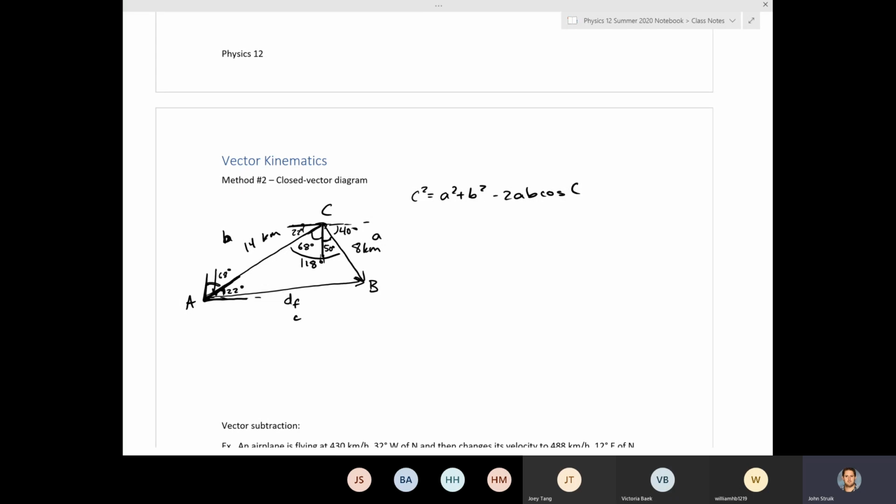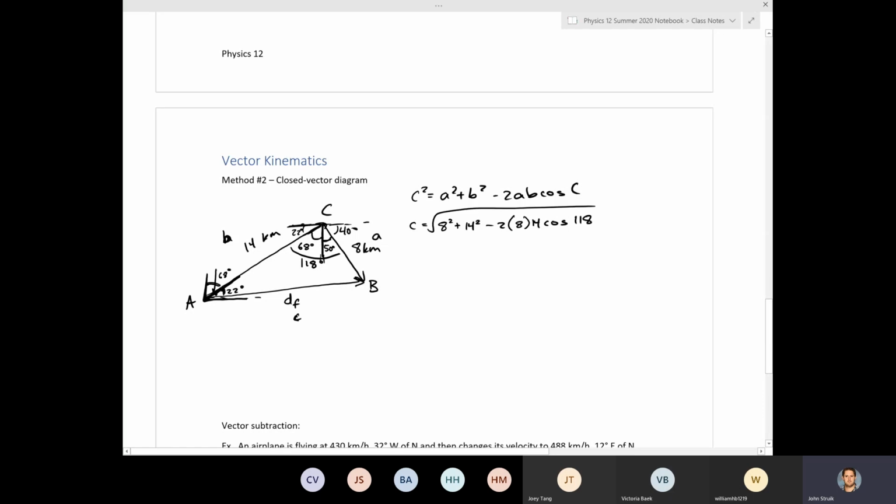And now we can solve for little c. We're going to do that by going c equals, a is 8, so 8 squared plus 14 squared minus 2 times a, so 8 times 14 times cos, and the angle opposite to what I'm trying to find, so 118. Then we square root that whole thing because it's c squared.